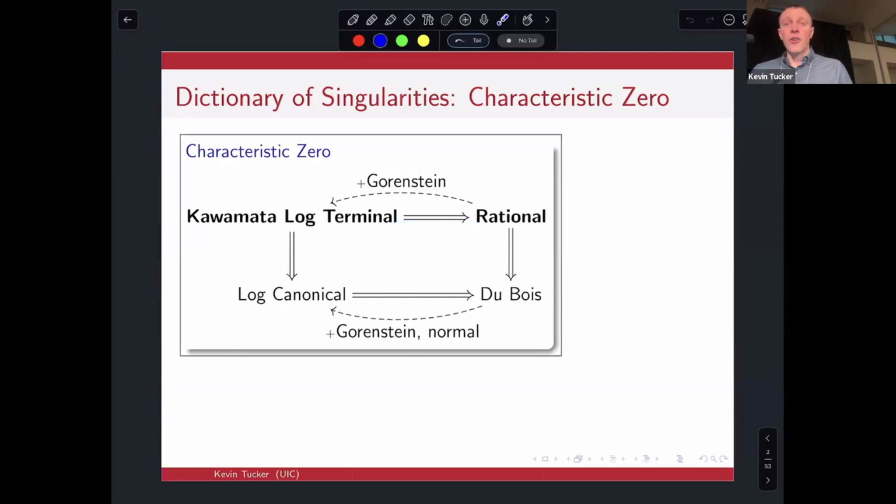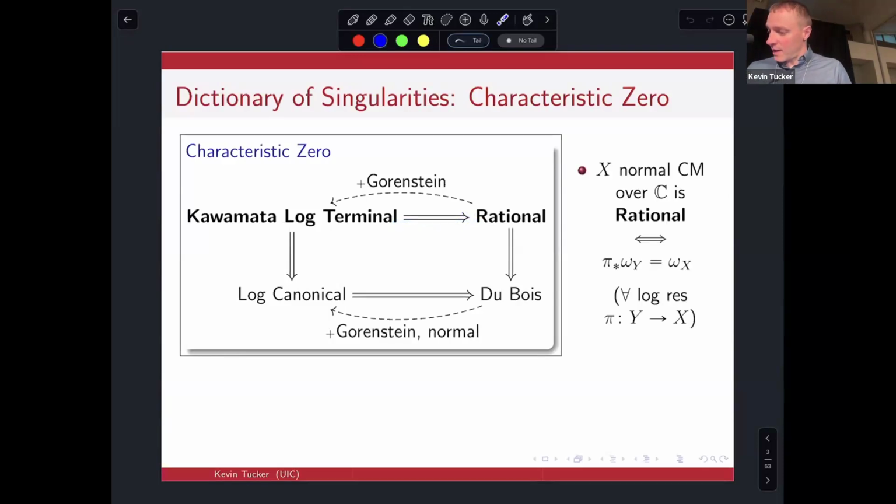I've listed all four up there for completeness, but today we're only really going to talk about the top row. As mentioned yesterday, a normal complex variety X is rational if and only if it's Cohen-Macaulay and the pushforward of the canonical is the canonical for any resolution.